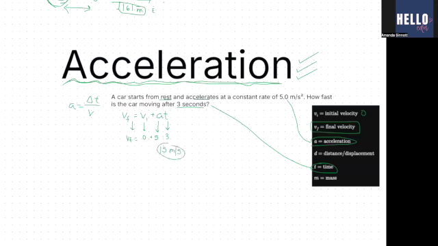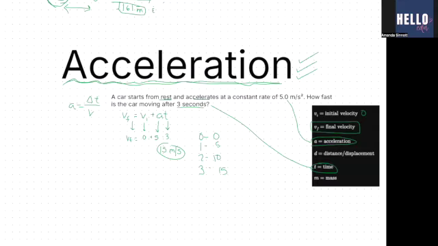This means that the car's speed increases by 5 meters per second every second. So at 0 seconds, it'd be going 0. At 1 second, we have 5 meters per second. At 2 seconds, it'd be at 10 meters per second. And at 3 seconds, it'd be 15 meters per second.